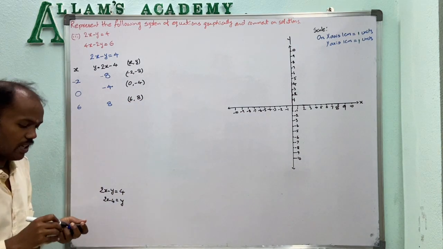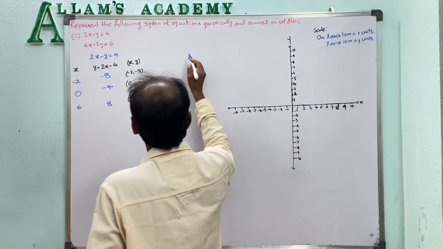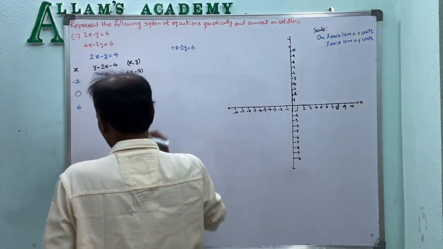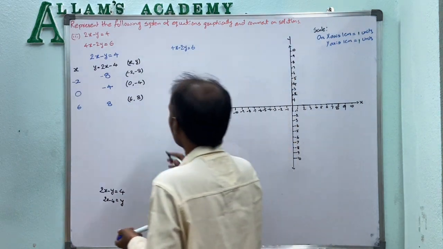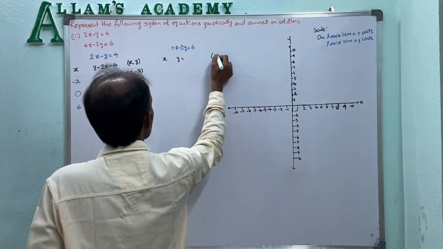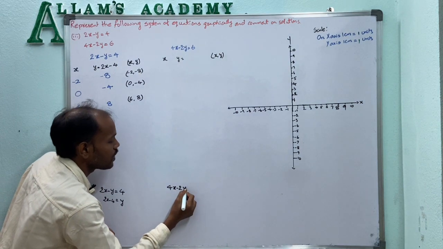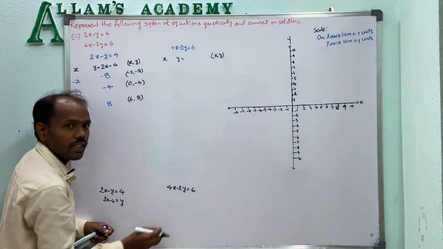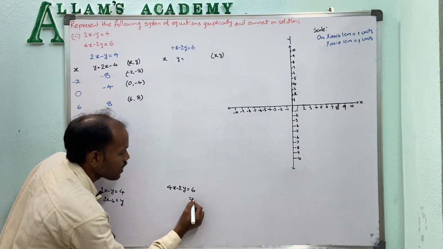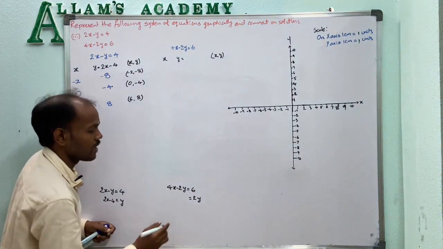Now for the second linear equation, taking 4x minus 2y equal to 6, we write x and y. For the given problem 4x minus 2y equal to 6, here also the minus 2y transferred to the other side becomes plus 2y, and the 6 transferred to this side becomes subtraction.